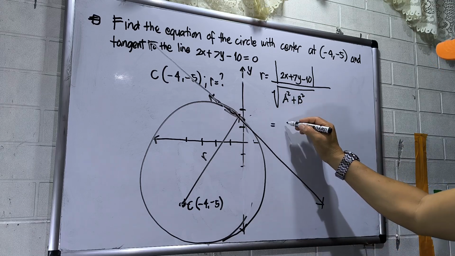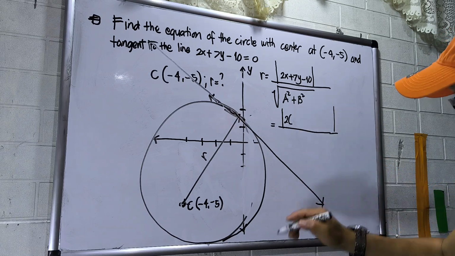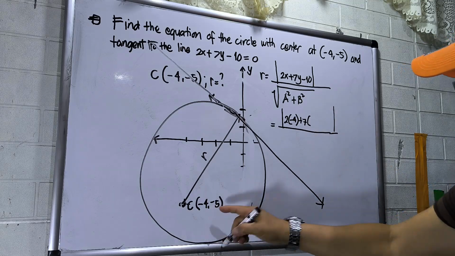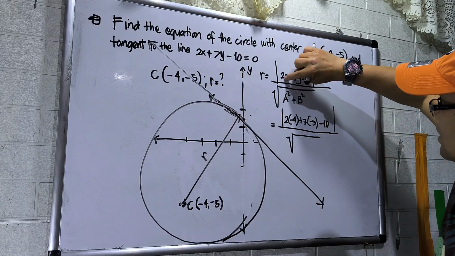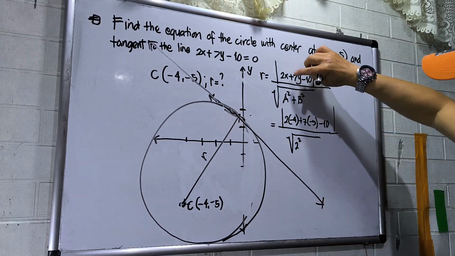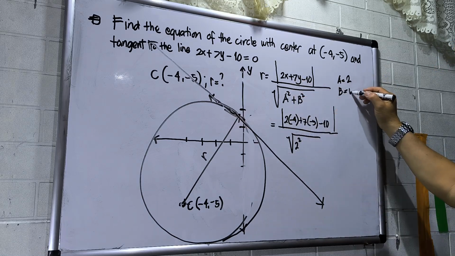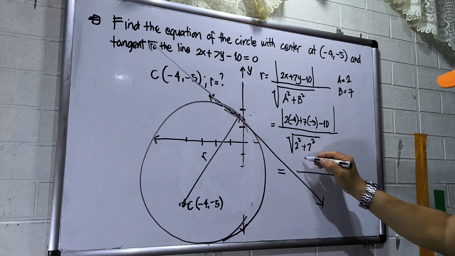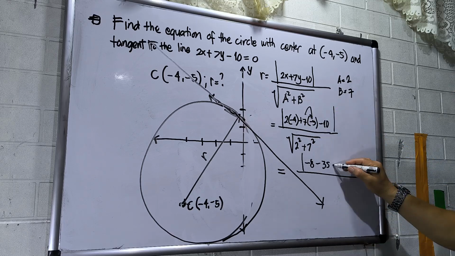We use the center: 2 times negative 4, plus 7 times negative 5, minus 10, over the square root of the coefficient of x, 2 squared, which is a, plus the coefficient of y, 7 squared, which is b.